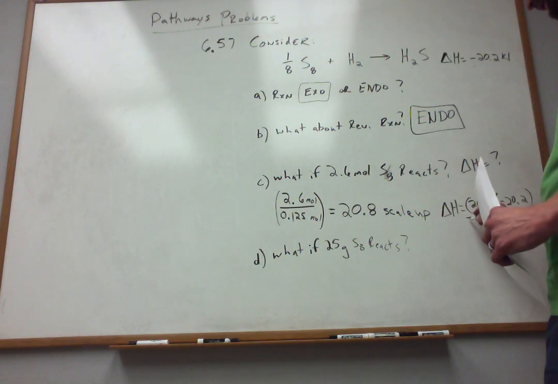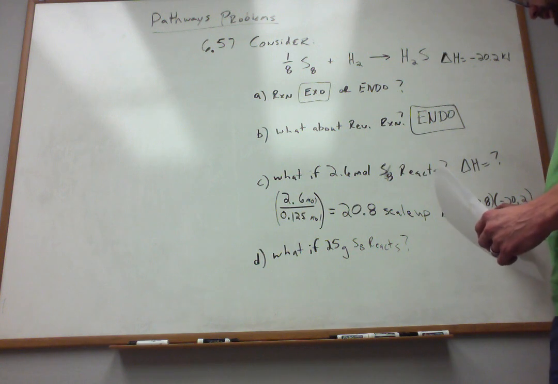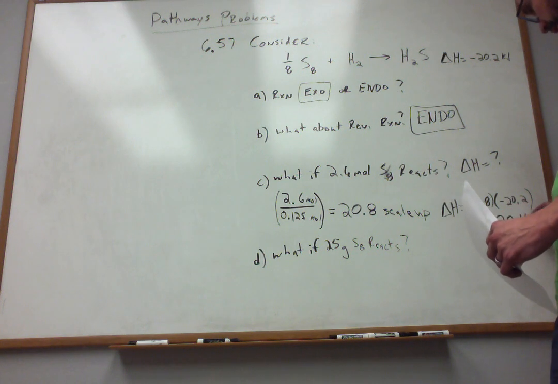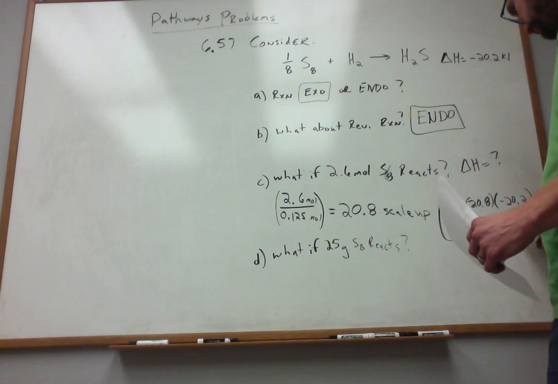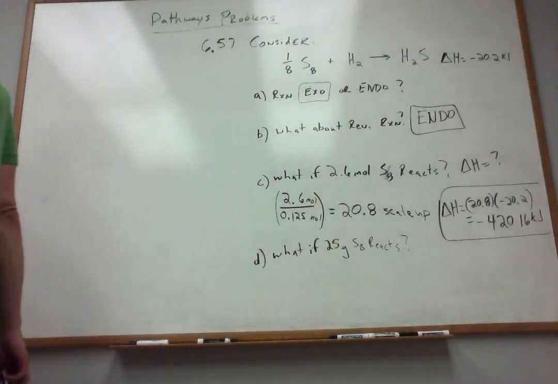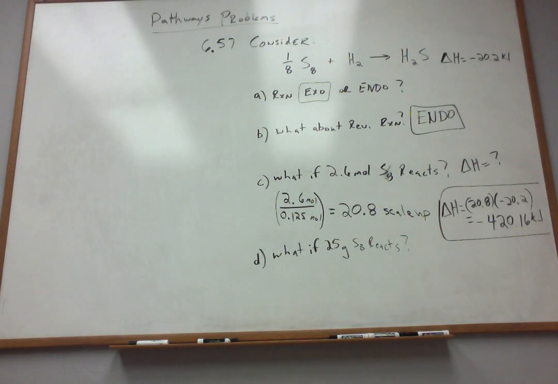And if I do that, it looks like I get negative 420.16 kilojoules, about negative 420.2 kilojoules. So the main idea for this part of the problem is that if you change the amount of material that's reacting, you also change the amount of heat that's transferred.